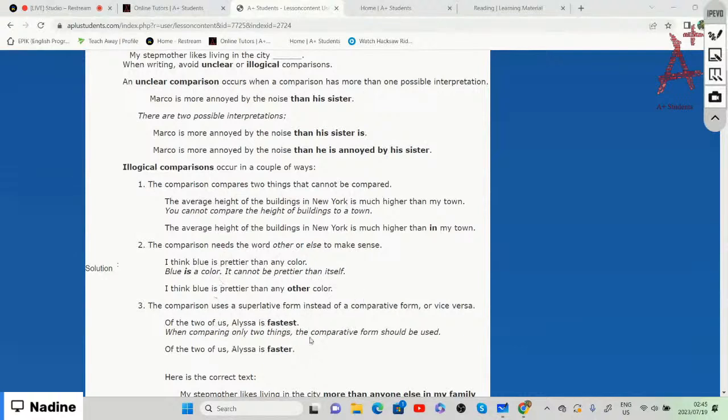It's superlative. You basically compare to more than one person or thing, or two or more, whereas comparative is just comparing two people or things. So the comparison uses superlative form instead of a comparative form, or vice versa. Of the two of us, Alyssa is fastest, right? Which means that Alyssa cannot be fastest if you're comparing two people.